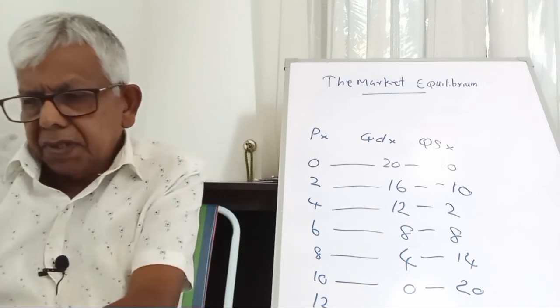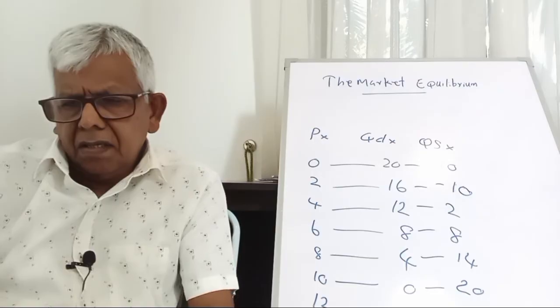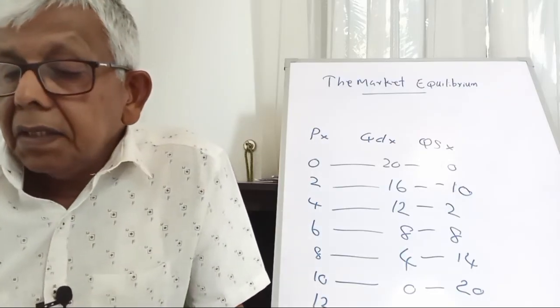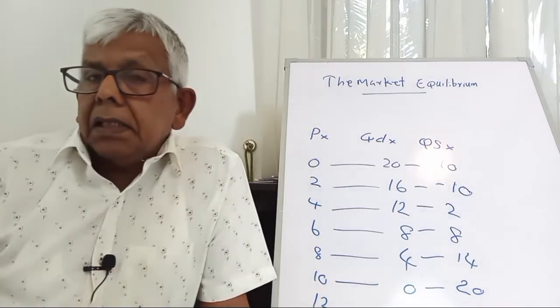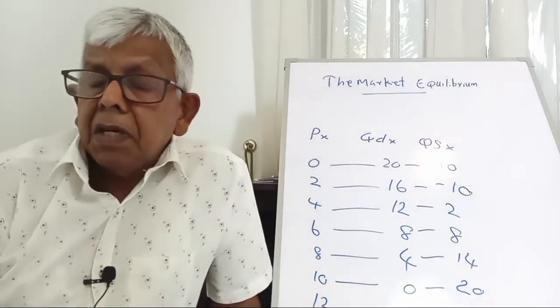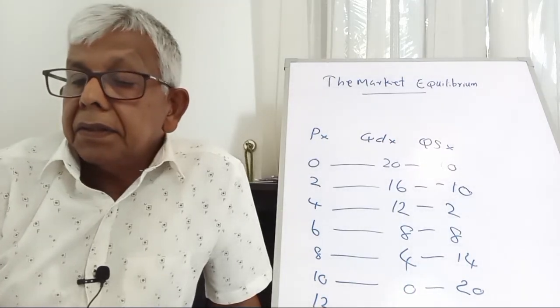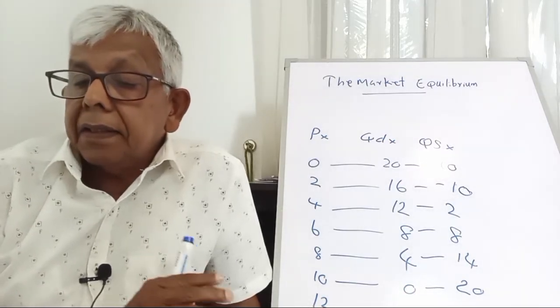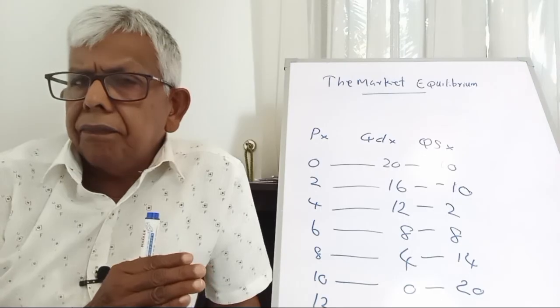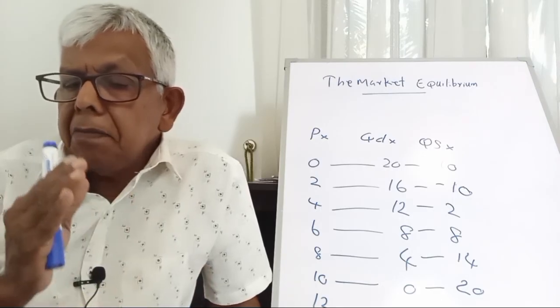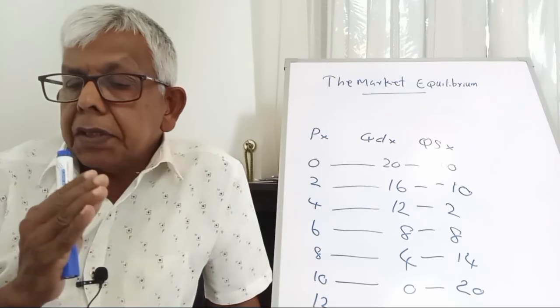Now it is clearly seen from the demand and supply schedules that at the price level of 6 rupees, the demand is equal to the supply.